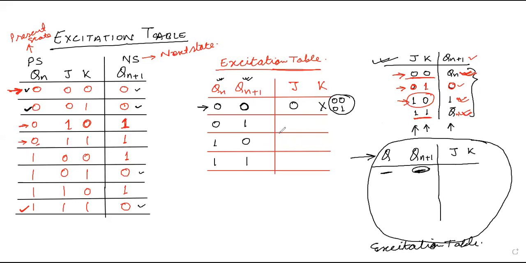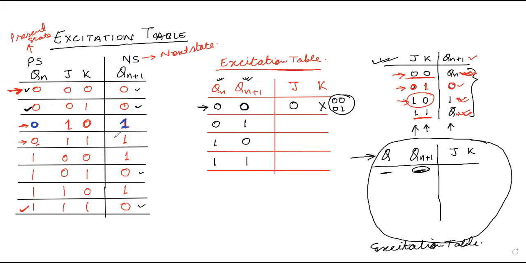Yes sir. Now next case, the present state is 0 and next state is equal to 1. So in which conditions are we getting that? Present state 0, next state 1, in the third and fourth, present state 1 0 and 1 1. Present state 0, next state 1.